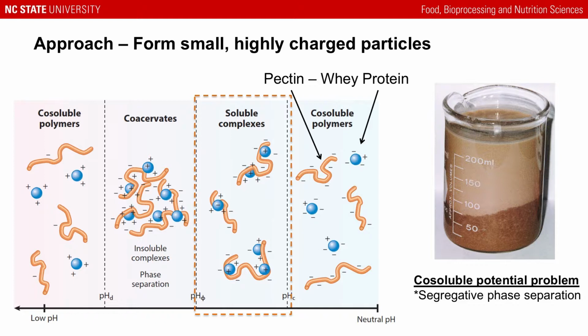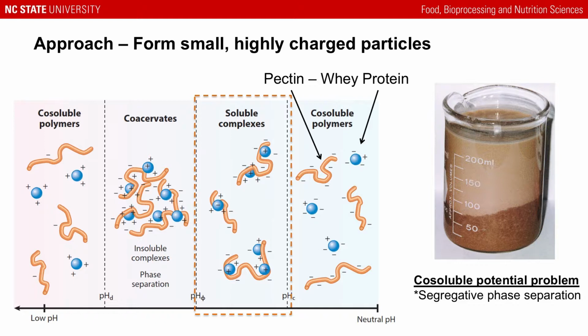If you go too low in pH, you get an insoluble complex being formed. You could go down lower and it would be soluble, but probably you're not getting a whole lot of benefit from even putting it in there at that point in time. If you go up higher, it's also co-soluble, but then you get to this problem of the segregative phase separation.